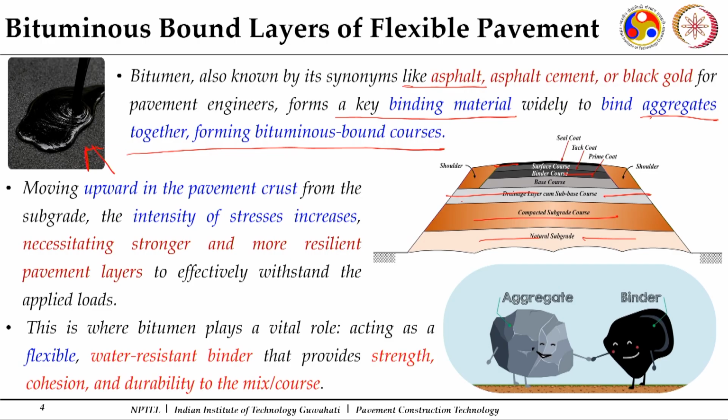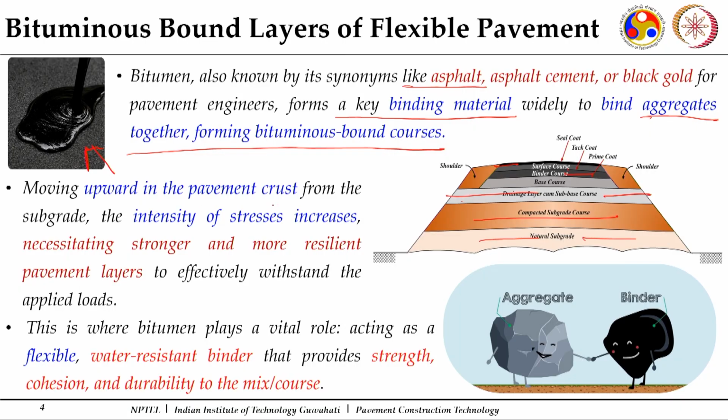It will be exposed directly to sunlight, and to water also. So, because of their exposure to different climatic conditions, as well as the higher stresses from vehicle loads in the upper courses, we want these upper courses to be stronger and resilient.